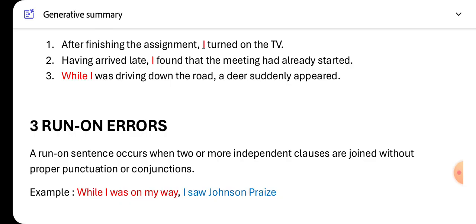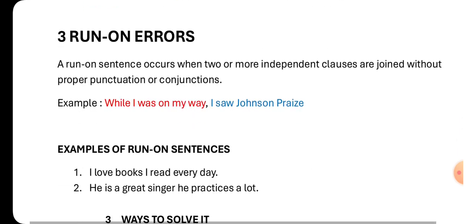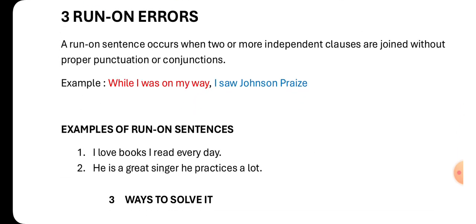He will just say, I saw Johnson Praise, I went to greet him, or I saw Johnson Praise the other day, I didn't mind him. These are two different clauses, but the person didn't punctuate it, and it becomes a run-on sentence. So you have run it on. You've added it to another sentence while it's supposed to be on its own.